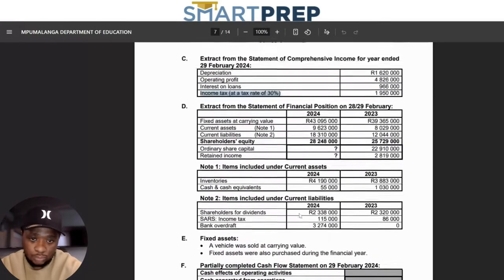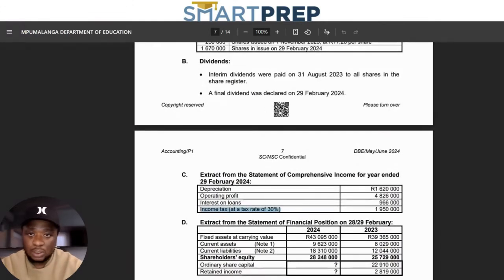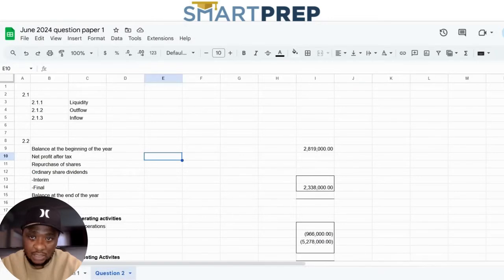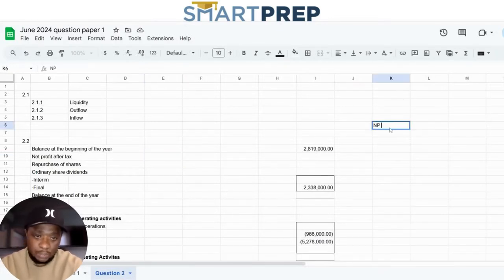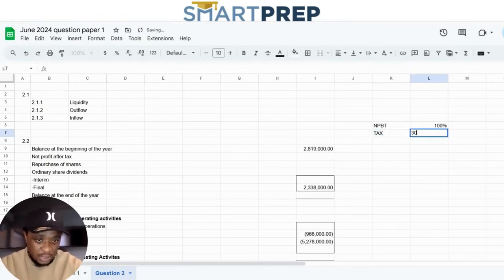Okay, cool. So we can use that, because remember that if the income tax is 30%, we'd basically understand it like this. Net profit before tax, PBT, we would say that is 100%. And then we would say that your tax, in this case, is going to be 30%.